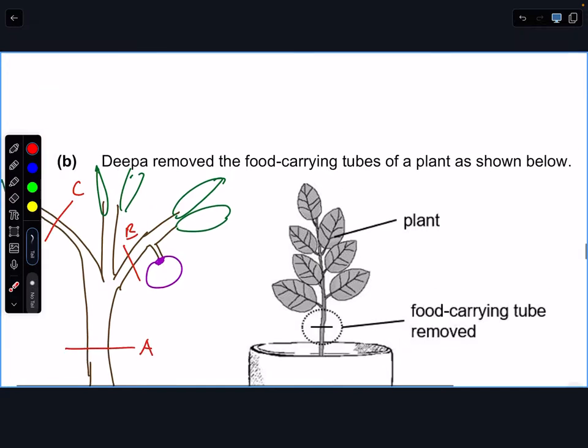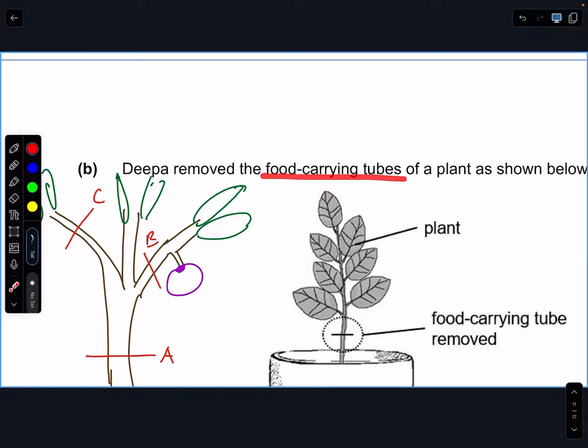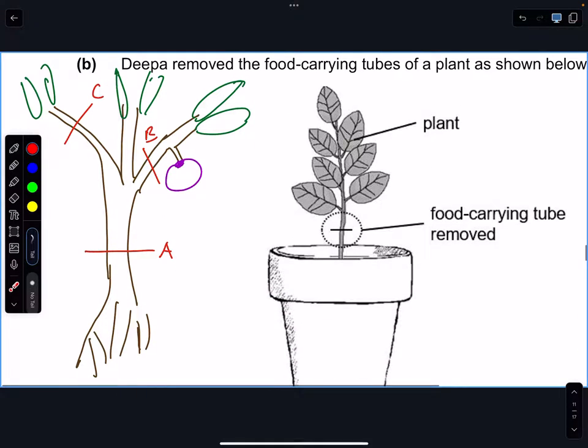So you have to read the question very carefully. Did they remove both the food carrying tubes and the water carrying tube, or just the food carrying tube? Now, if the cut was made at B or C with just the food carrying tube removed, your plant will not die. No problem with B and C. Why?